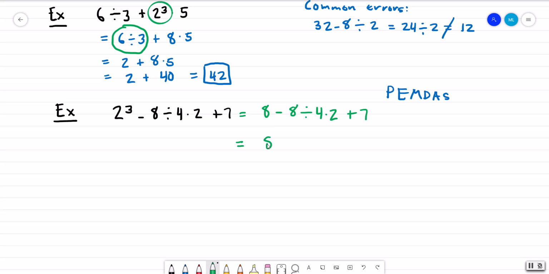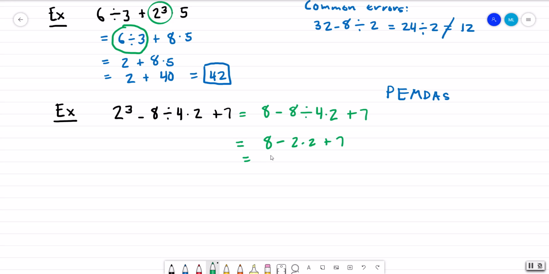So we have 8 minus, well, 8 divided by 4 is going to be 2, and that's multiplied by 2, and then that's plus 7. The next thing to work out is 2 times 2.